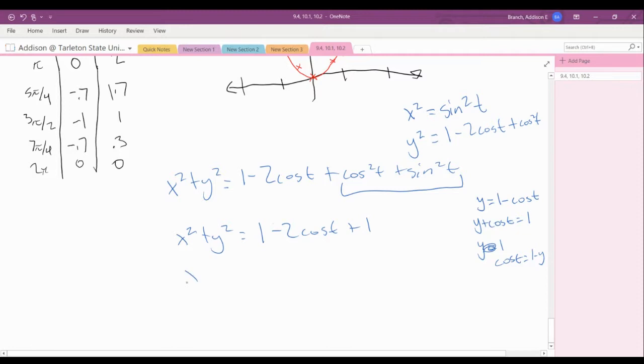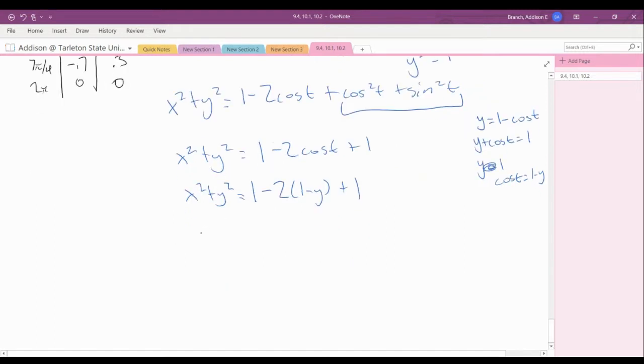Therefore, x squared plus y squared is equal to 1 minus 2 times 1 minus y, plus 1. We get x squared plus y squared is equal to 1 minus 2 plus 2y plus 1. That 1 minus 2 plus 1 will cancel out, so we just get 2y. x squared plus y squared is 2y.